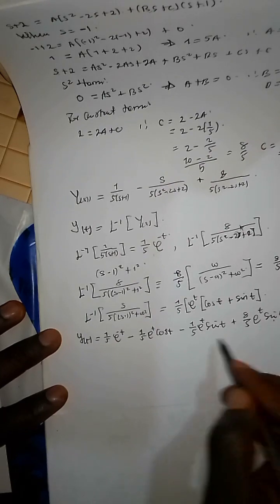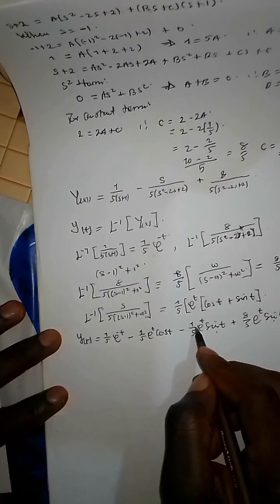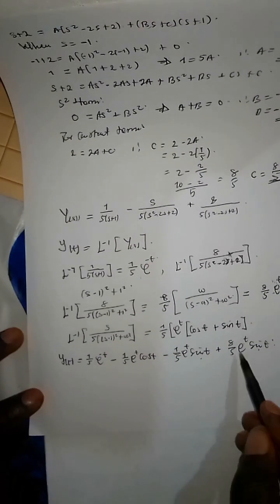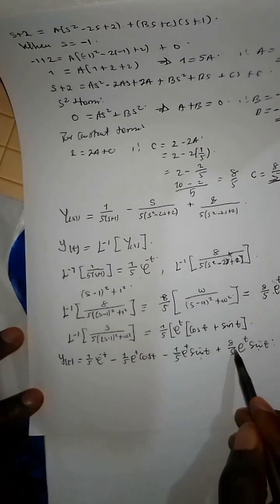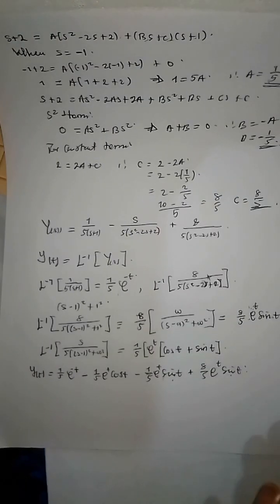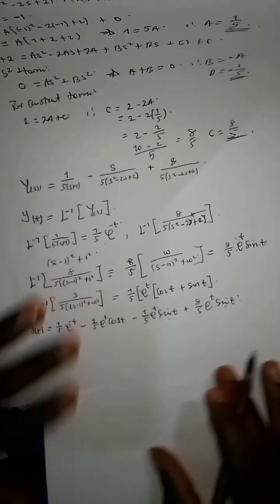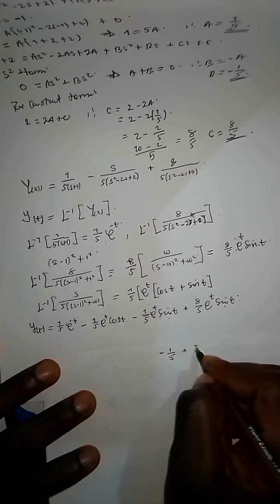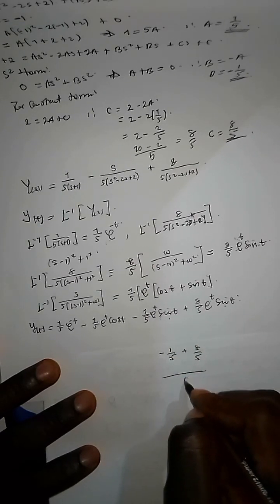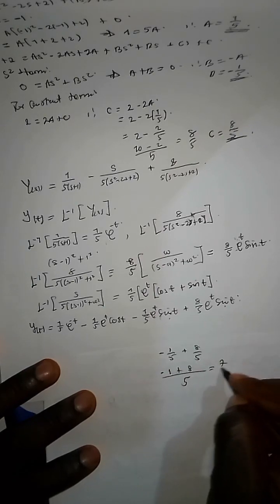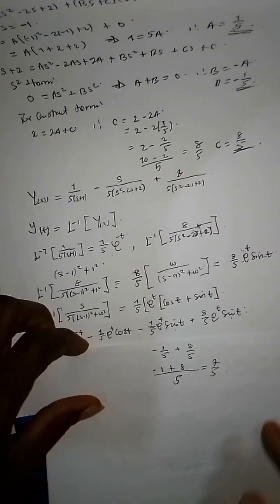So the sin t, e to the t terms can be combined. On a rough piece of paper, negative 1 all over 5 plus 8 all over 5, with 5 as LCM, we have negative 1 plus 8, which results to 7 all over 5.